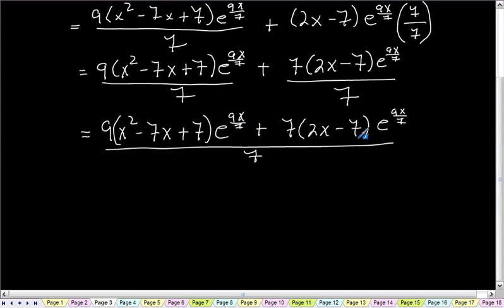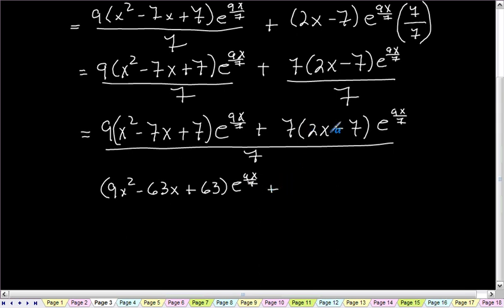So what I could do is I'm going to go ahead and distribute this 9 into here. This becomes 9x squared minus, what is it, 63x plus 63 e to the 9x over 7.